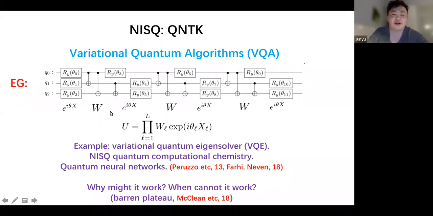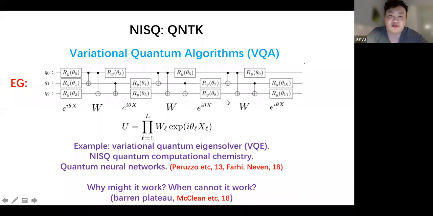And we could have multiple layers of them, from l equals 1 to capital L. This notation stands for the generic form of those variational algorithms, where W_l are non-trainable gates, together with e^{i theta X}, where theta is a classical variable and X are some Hermitian operators, like local Paulis in this figure.